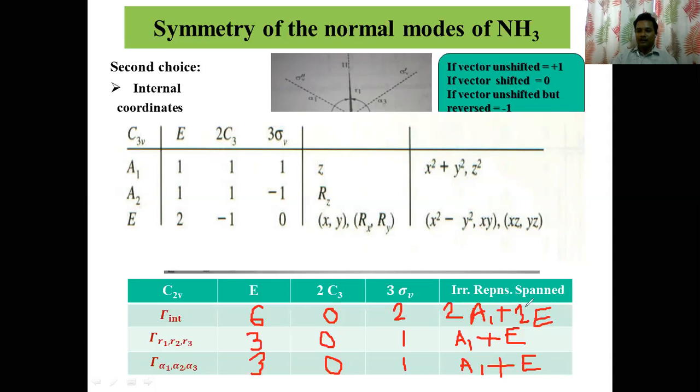So 2 plus, here it is 2 into 2, total 6. So that's what we get.